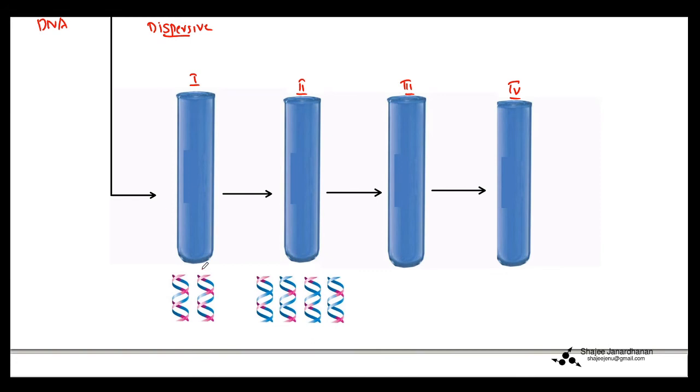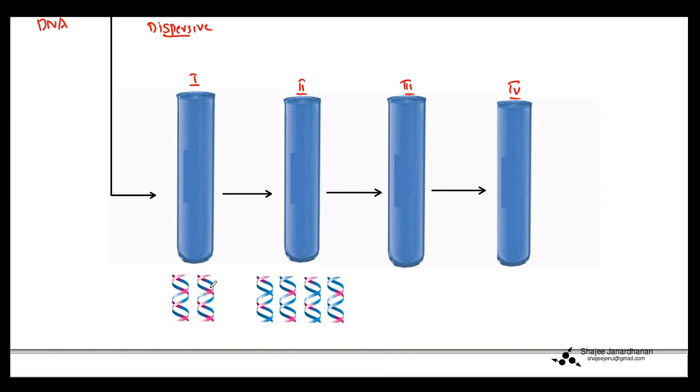So what you find here is, from the parental DNA, after the first generation you are going to find 2 daughter duplexes, and when you look at the daughter duplex, each strand contains both the pink as well as the blue, indicating that each strand contains N15 as well as N14. So what will be the density of these daughter duplexes?